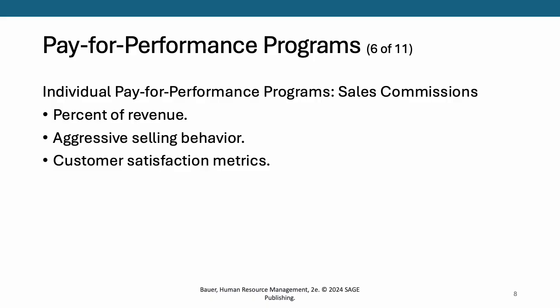Obviously, different salespeople have different tactics, and the worst ones will result in really aggressive selling behavior. But I will also tell you that often these kinds of incentives or commission systems can result in unethical behavior. For example, Wells Fargo, a number of years ago, had these new financial instruments that they wanted their people to sell, and the goals were fairly aggressive, and they were not really able to get the level of sales that people wanted.